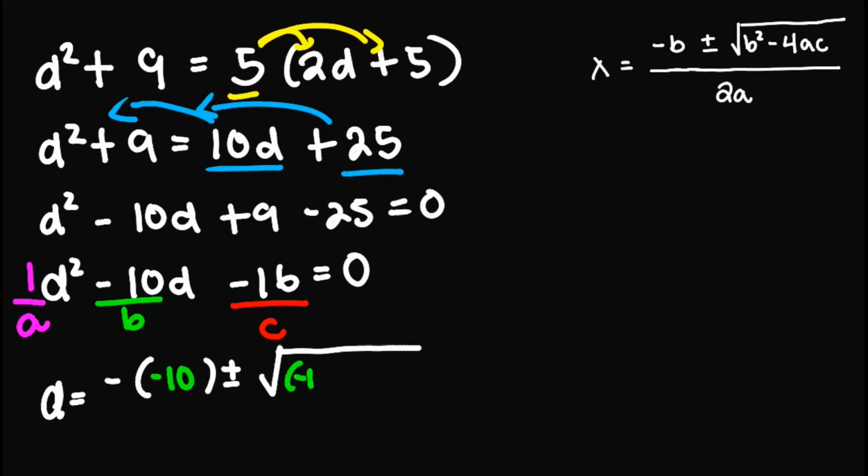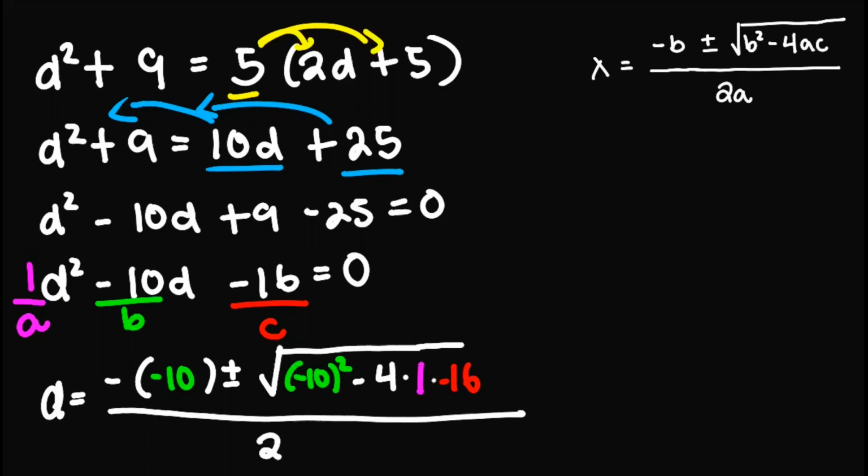So we have here negative 10 squared minus 4 times a, which is 1, times c, which is negative 16, all over 2a, which is 2 times 1.